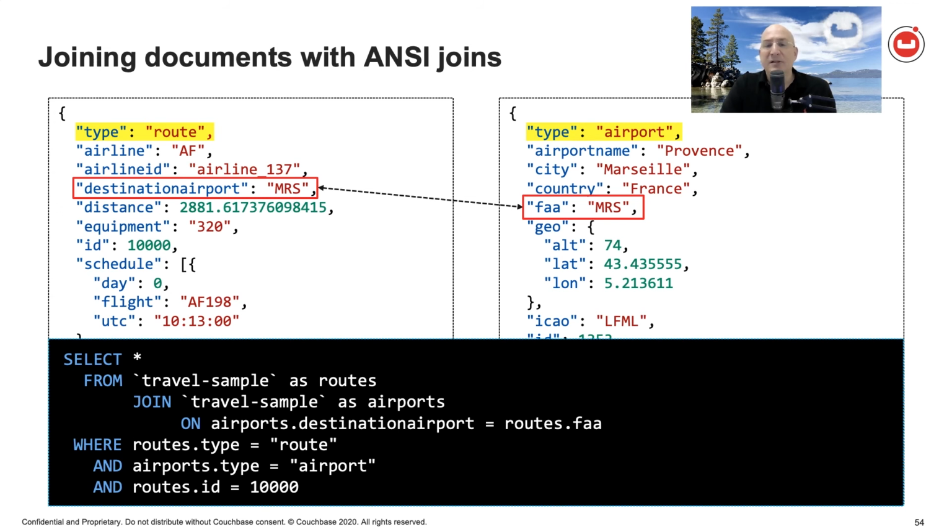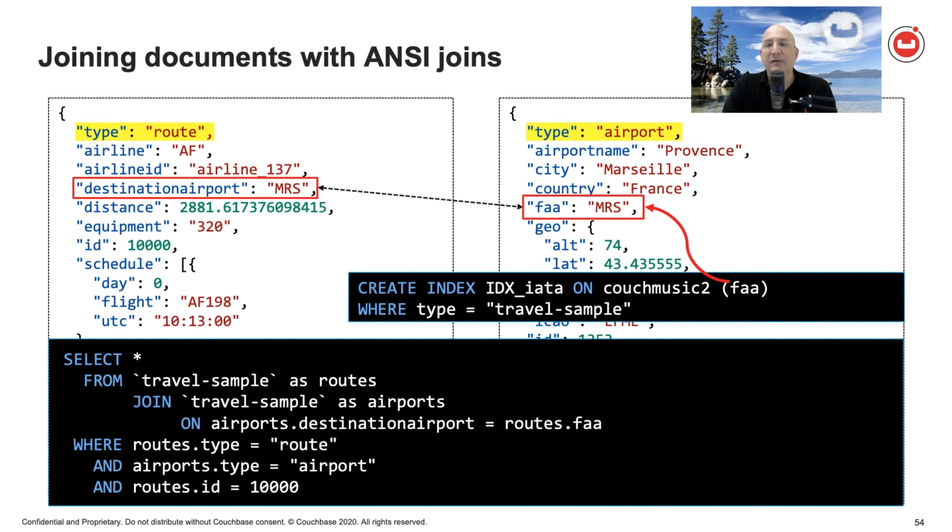As you've noticed, this looks very much familiar because ANSI SQL works pretty much the same. That's the reason this kind of join is called ANSI join. Bear in mind that ANSI joins require that an index be created on the field you are joining with on the right side, just like the create index command showed here.